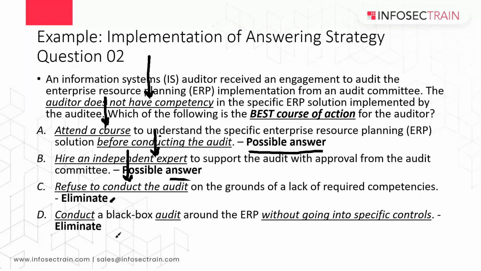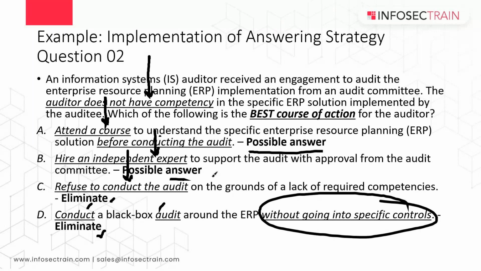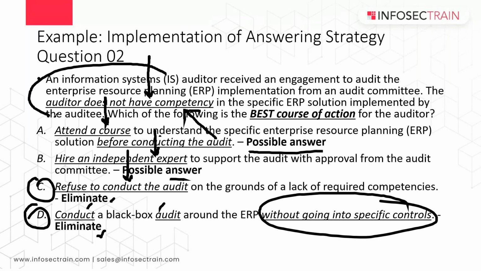And conduct an audit without going into specific controls will also get eliminated. Now, I have given you justification for the possible answers. Please think about it, make your own notes on option C and option D. Options A and B are possible answers because both will be able to overcome this situation of not having the competency at this stage.